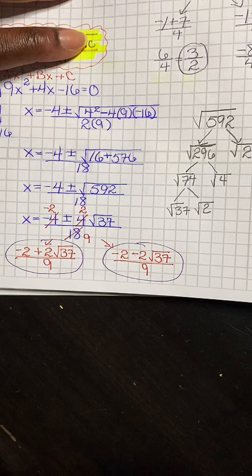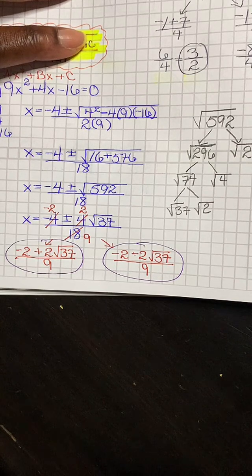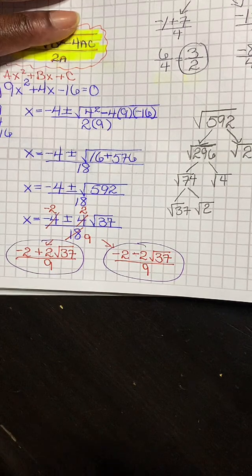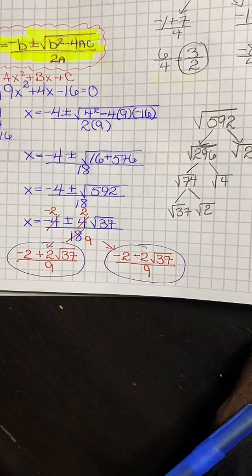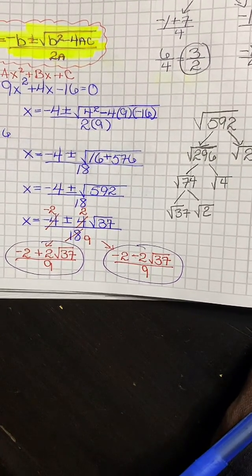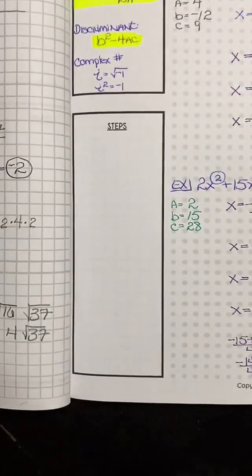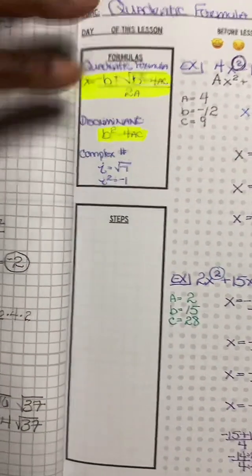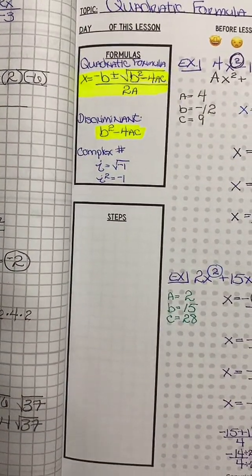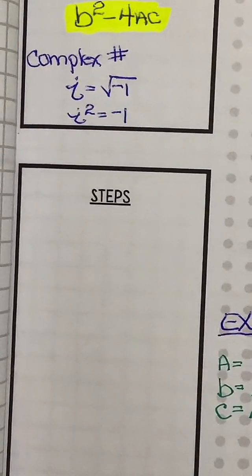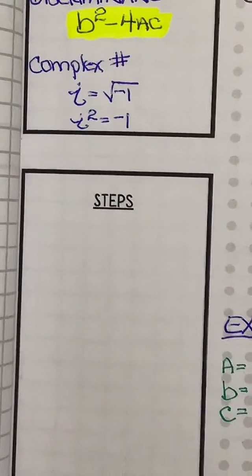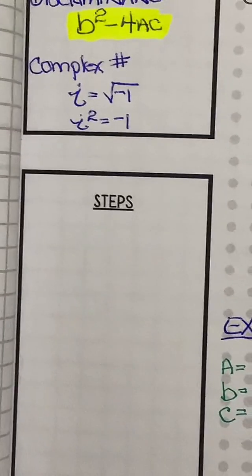Danny, what if it's a negative underneath the square root? Okay. I am going to fit that in. I'm going to slide this over. I'm just going to fit this in right in this step section. Because when you have a negative underneath your square root, that's called a complex number or an imaginary number.